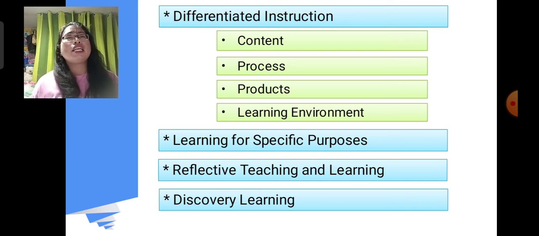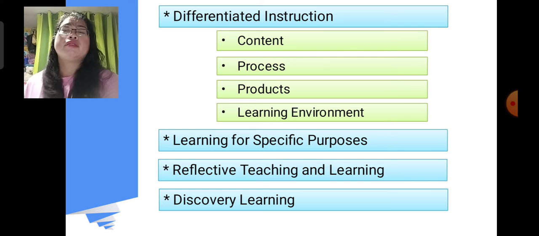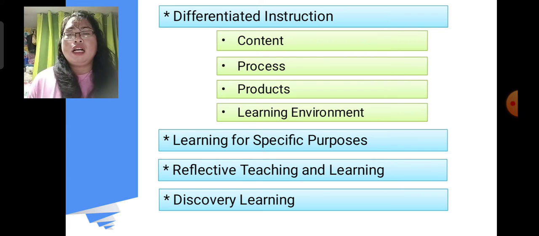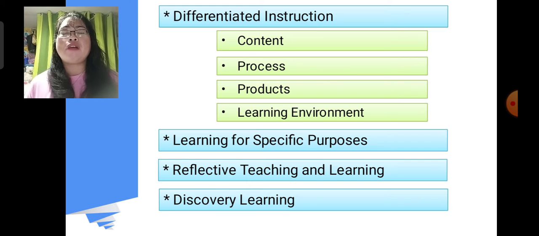The next one is learning English for specific purposes. The thrust of this approach is to focus on the refinement of teaching English for a particular discipline.